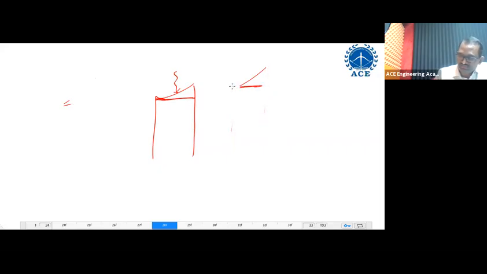Interval length is very, very small, so the shape of the curve is equal to the shape of the tangent. Means the exact solution is approximately equal to the tangent solution, the approximate solution.